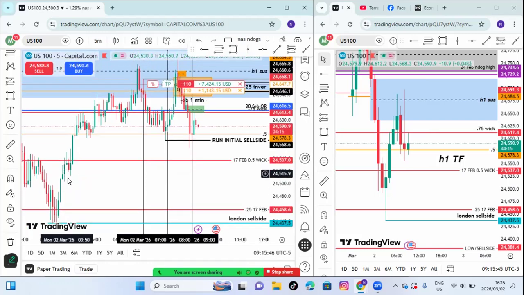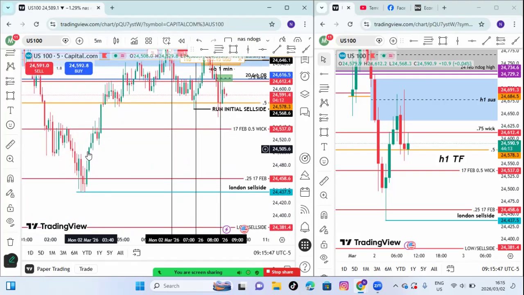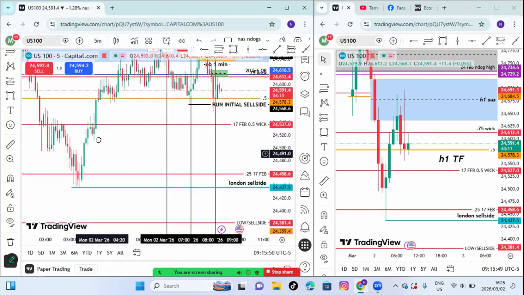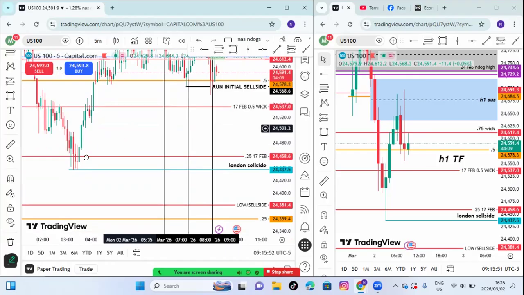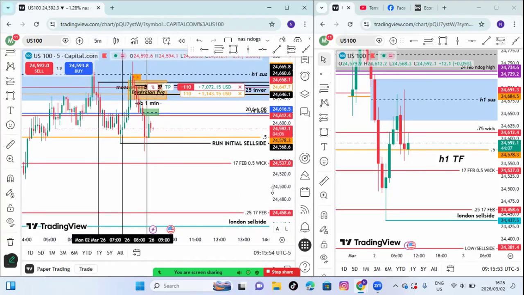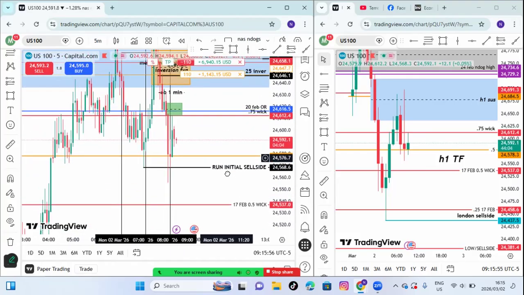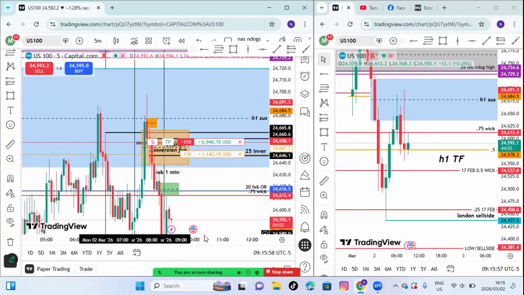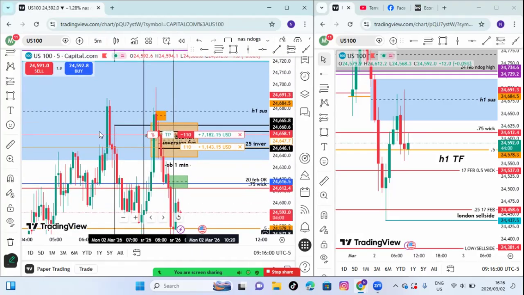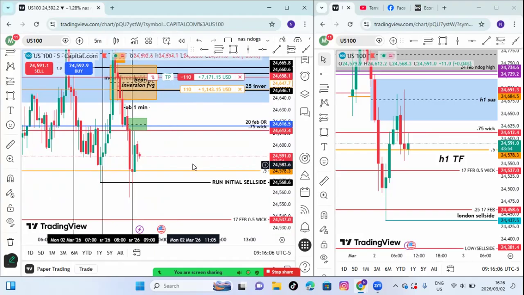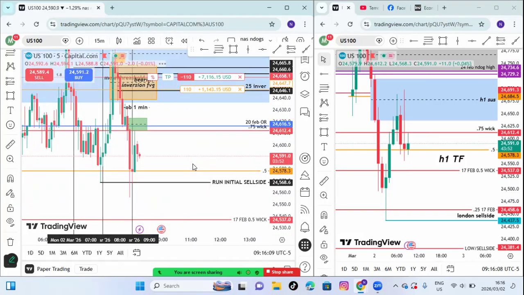Sell side, high probability AVG, and then sell side. Sell above it, you're bearish. Bam. 15.